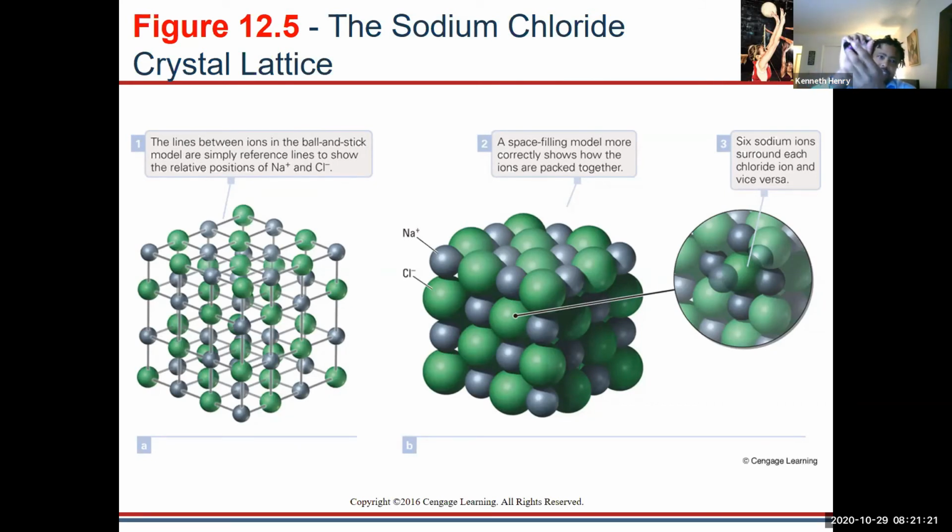These other magnets can attach to it. These little guys can attach to it. So you don't have a one-to-one interaction with the magnet, because the magnet puts out an electromagnetic field around it. The same thing is happening with your sodium ion, it's putting a positive field around it. And the same thing with the chlorine ion, it's putting a negative field around it, so that the whole thing is negative. So it's going to be able to attract those positive charges.